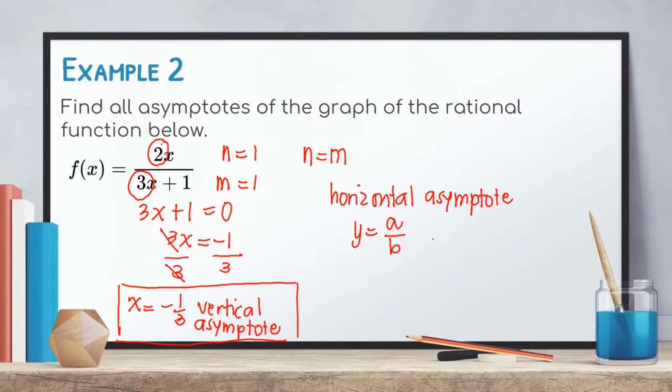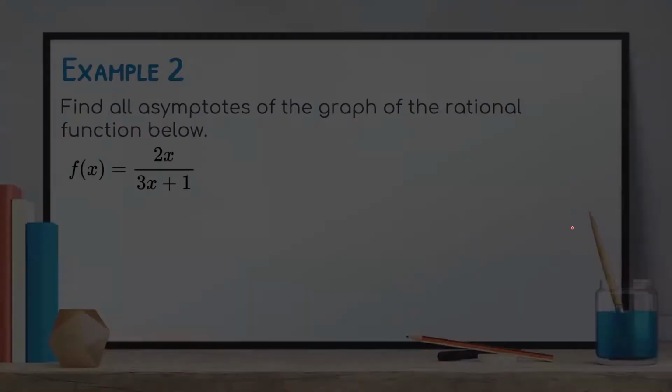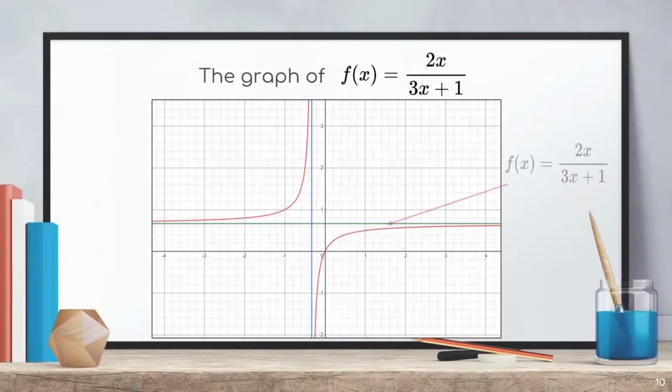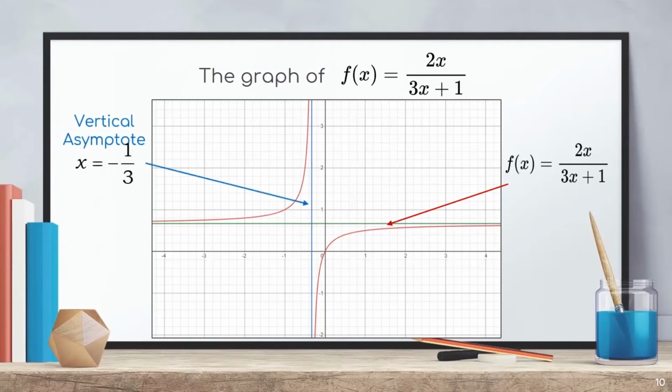Therefore, our horizontal asymptote will be y equals 2 over 3. This is the graph of f of x equals 2x all over 3x plus 1. It shows that the vertical and horizontal asymptotes are x equals negative 1/3 and y equals 2/3 respectively.